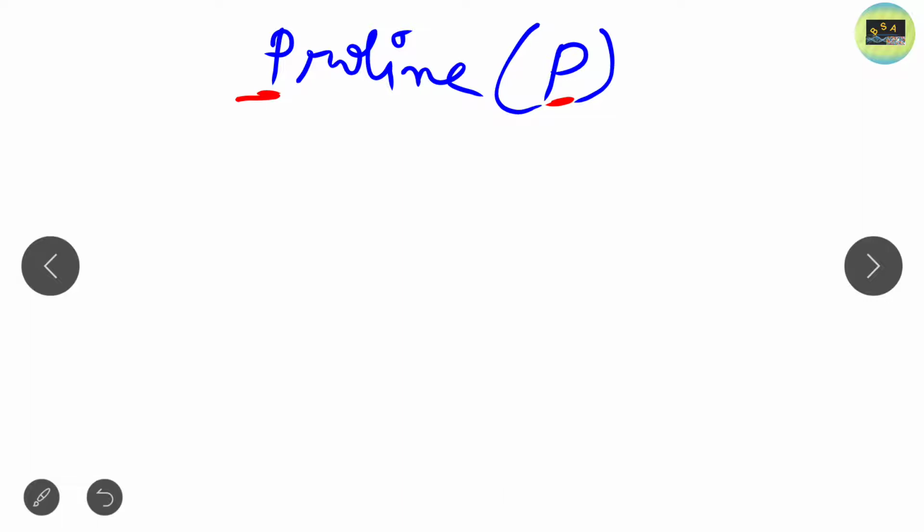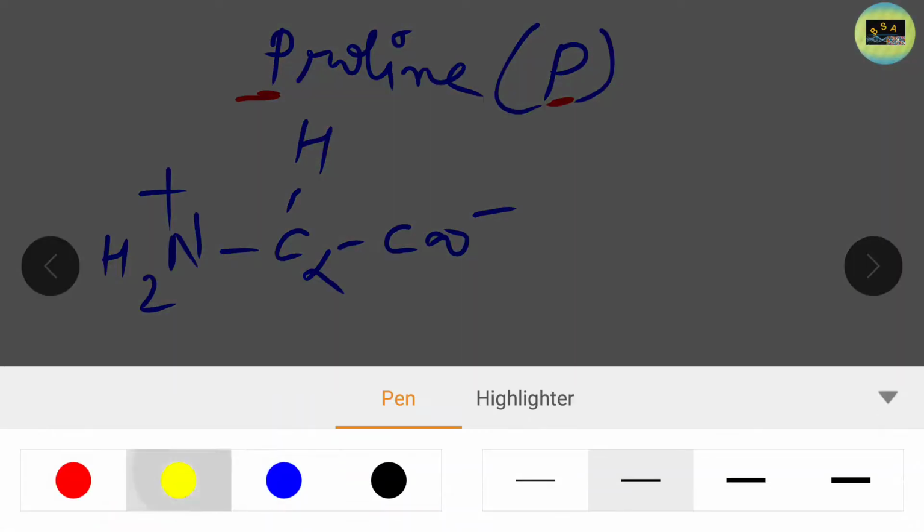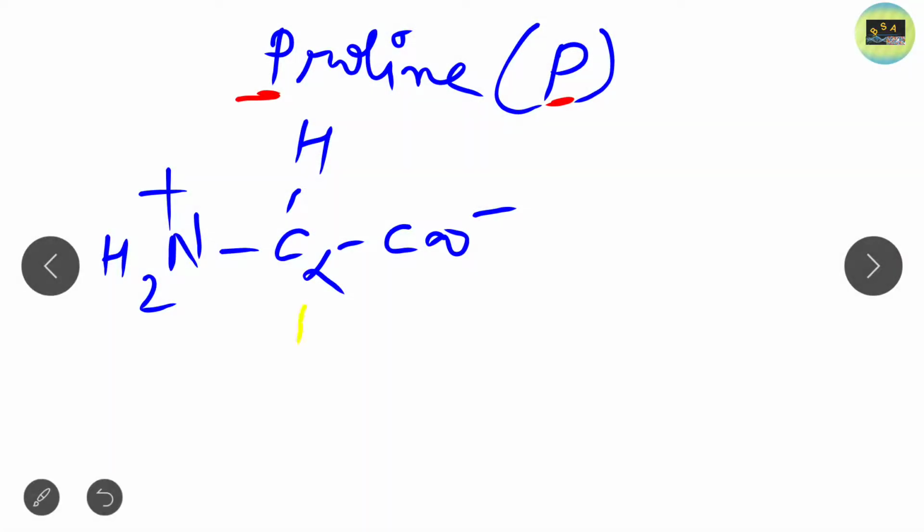So this is common: C alpha, COO minus, hydrogen, and this is H2N plus. Now here a ring is formed, that is CH2, and that is CH2, and this ring will fuse with the amino group.